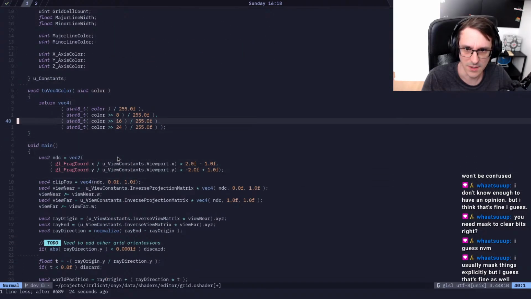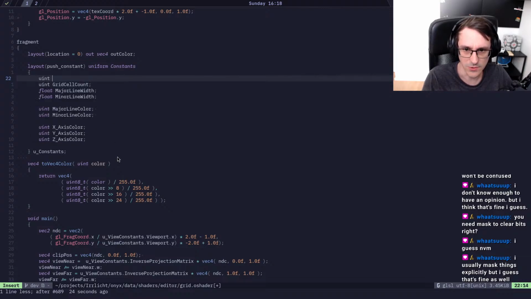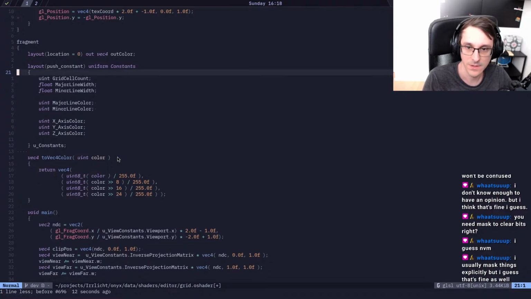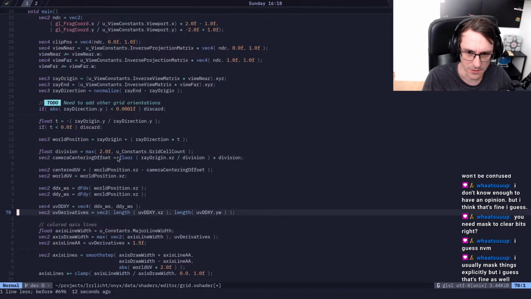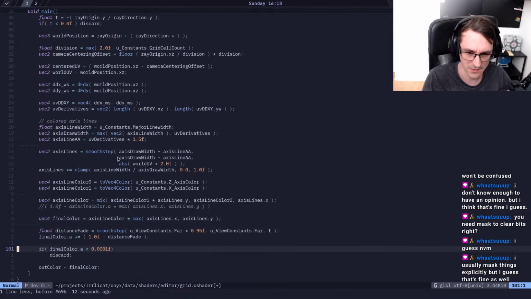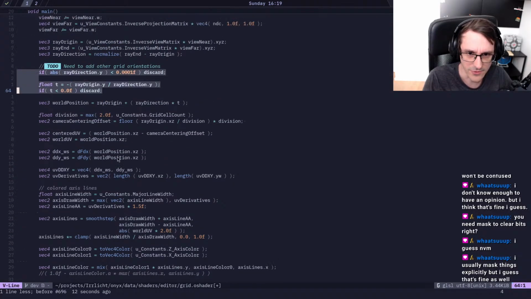I think that's actually one more thing that I want to do here. This hue and probably grid direction, right? Maybe we do a vec3 for that. And that would basically define where the plane is that we want to interfere with. Currently it's very hard coded here to the Y plane because of this.